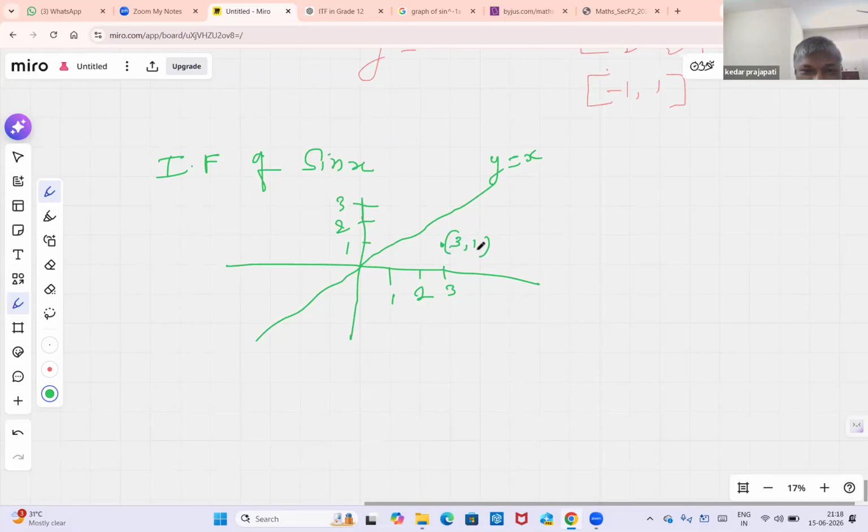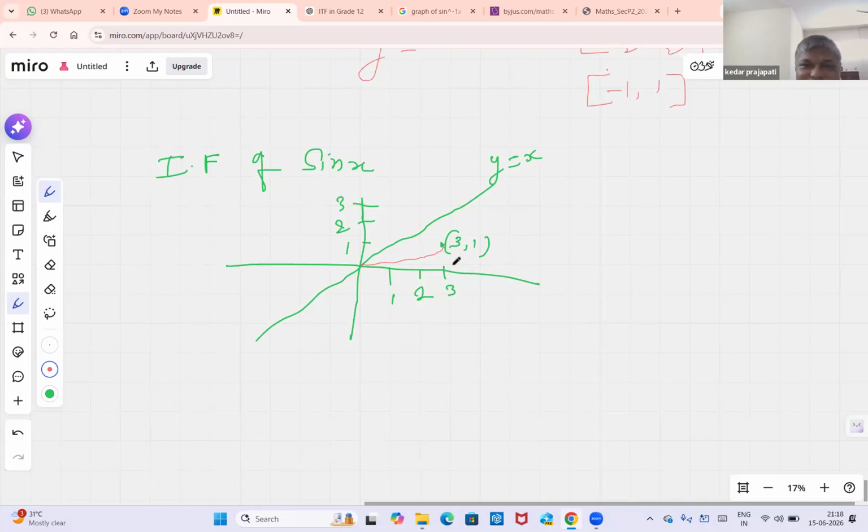Suppose this point is here. Its reciprocal or its inverse will be the mirror image. So just understand it like this.